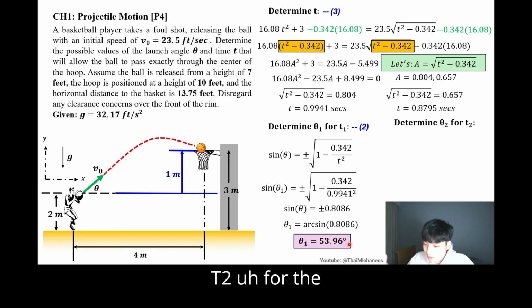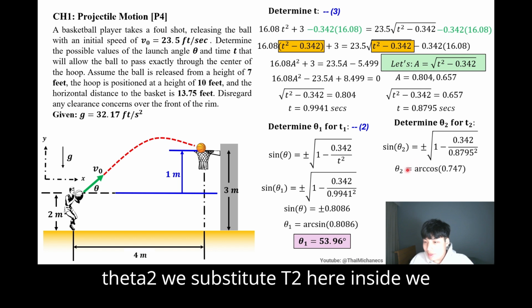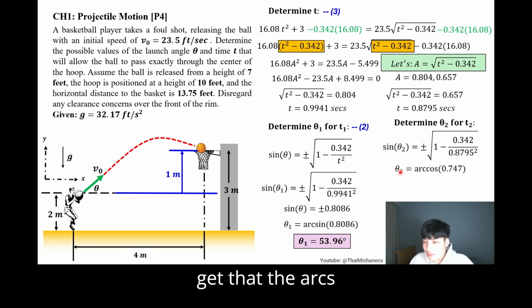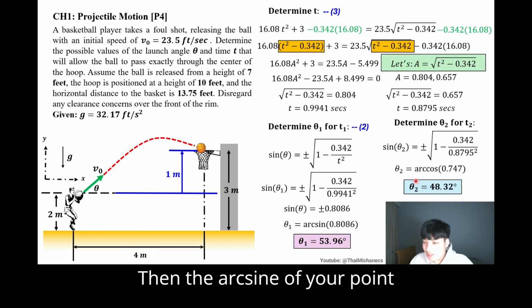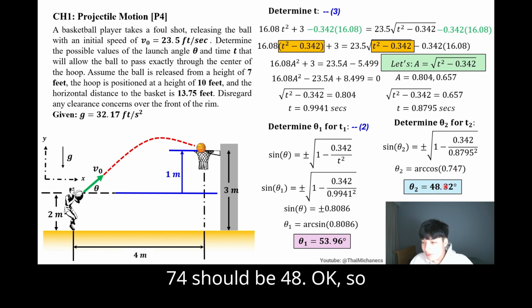Then for theta 2, we substitute t2 in here. We get the arc sine, this should be arc sine, of 0.74, which should be 48 degrees.